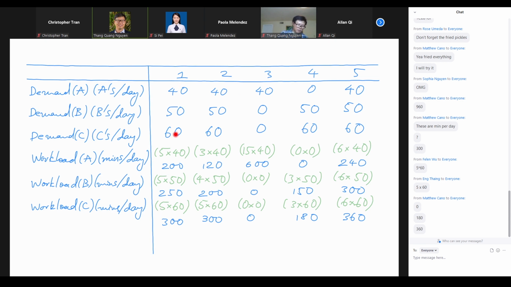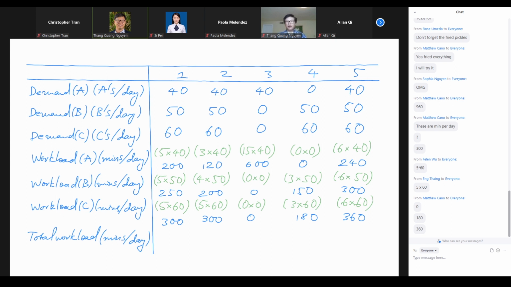We convert everything to minutes of work, minutes of work here, minutes of work here per day, so that at the end of the day, we can calculate the total workload in terms of the minutes of work per day.